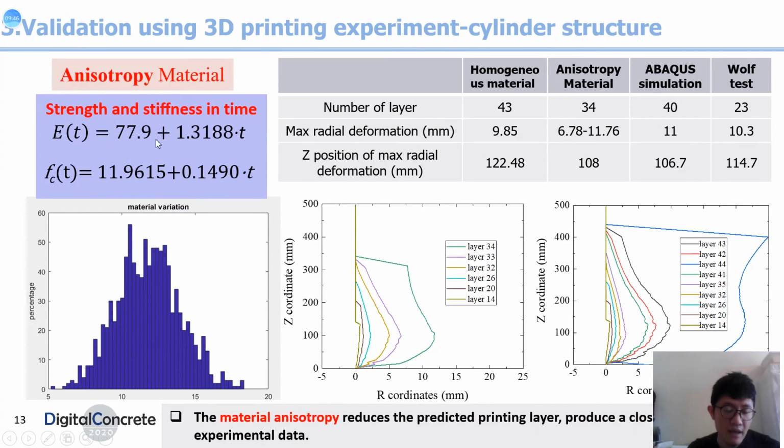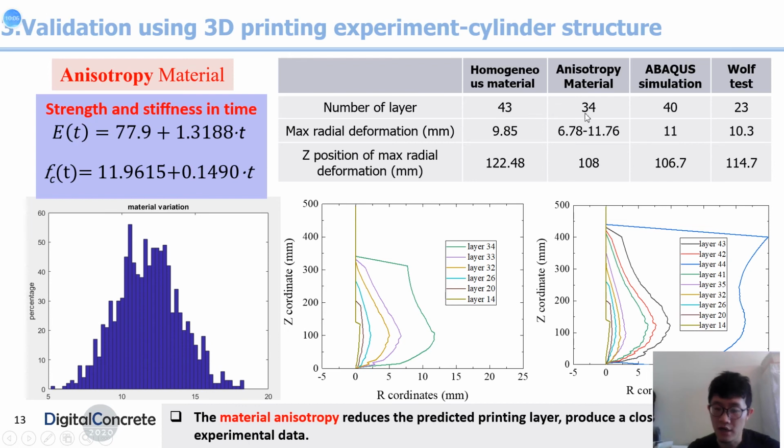The elastic buckling also follows these equations, and the compression stress will have some material variation, like a Gauss distribution. We introduce it into the lattice model, and we can see our predicted printing layer is lower than before.